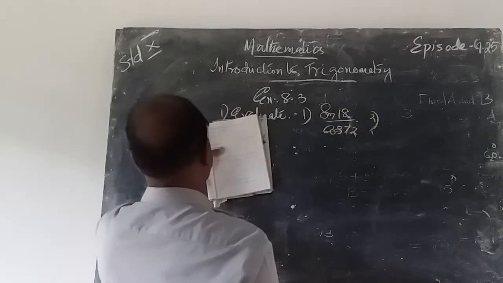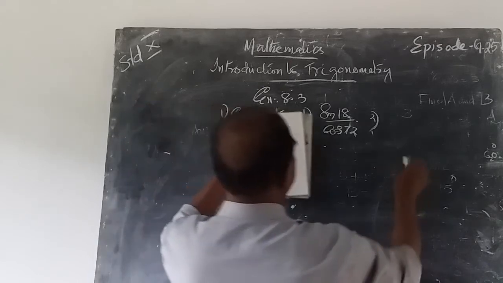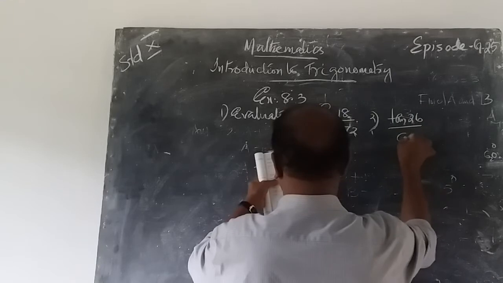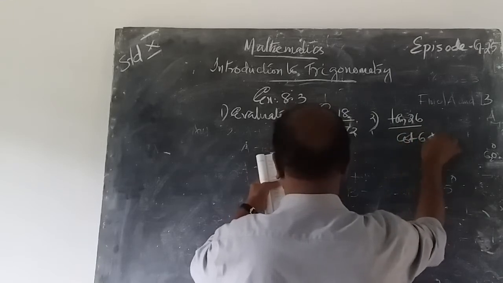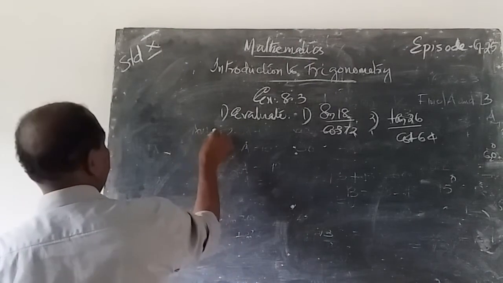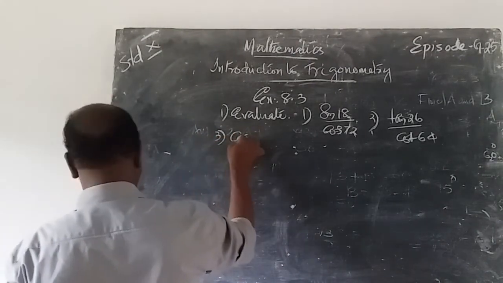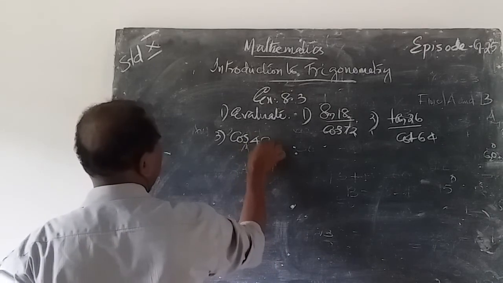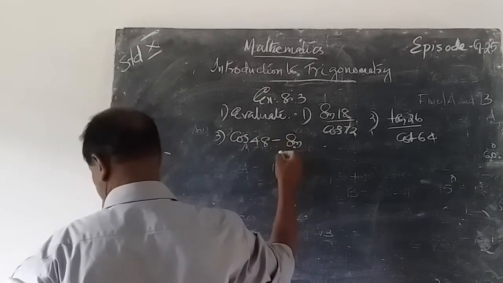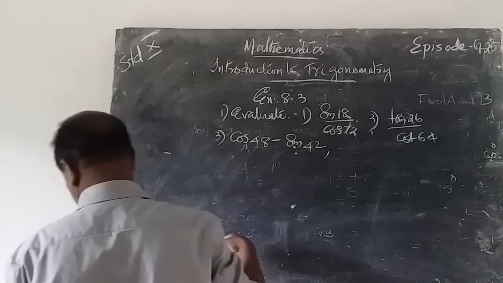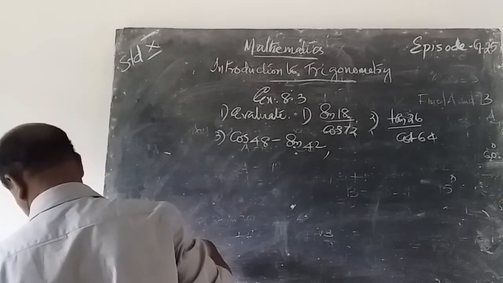Question number 2: tan 26 by cot 64. Question number 3: cos 48 minus sin 42.